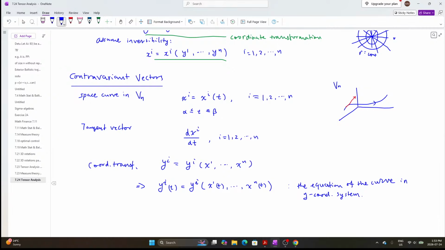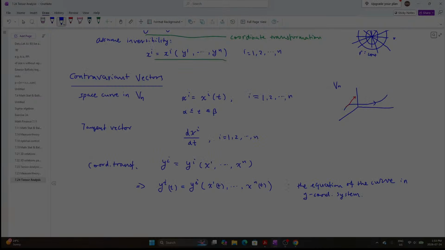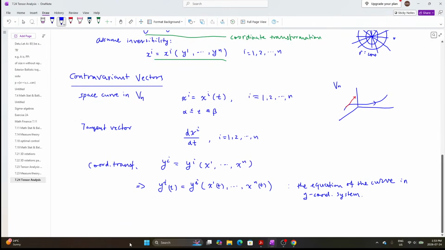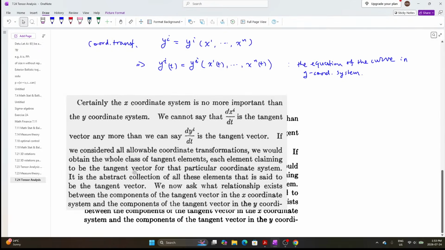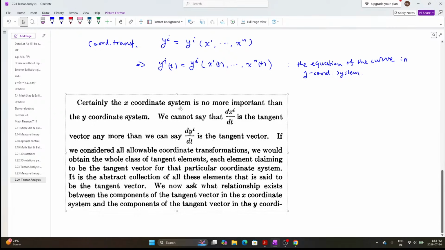In the text it says, all right, let me save me some writing. I'm just going to put down the text here. Okay, so that's the important piece of explanation, I believe. Certainly, the x-coordinate system is no more important than the y-coordinate system. We cannot say that dxi over dt is a tangent vector any more than we can say that dyi over dt is a tangent vector.